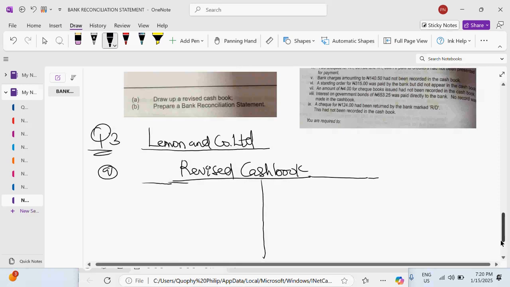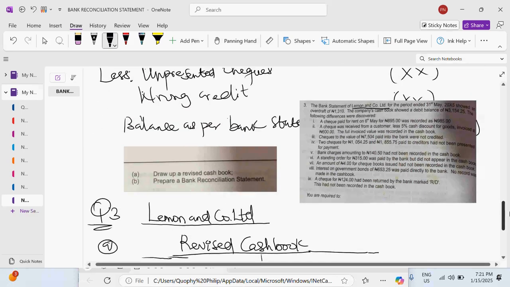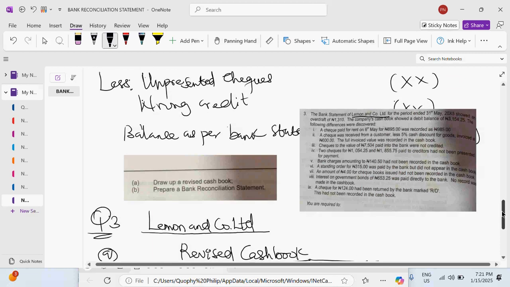So any balance brought down from previous periods would be brought down on the debit side. Do we have any balance from the previous period? The bank statement of Lemon for the period showed an overdraft.